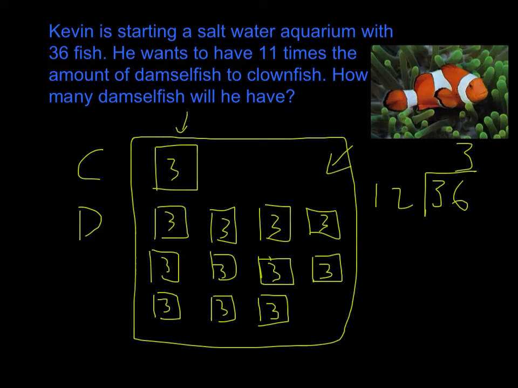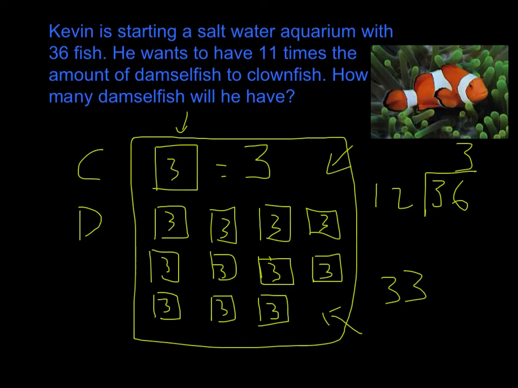So now, in order to figure out how many he would have of each fish, we count the value of the boxes. The clownfish is only one box of 3, therefore he would have 3 clownfish. And we can see here that he has 11 groups of 3, therefore of the damselfish he would have 11 times 3, which is 33.